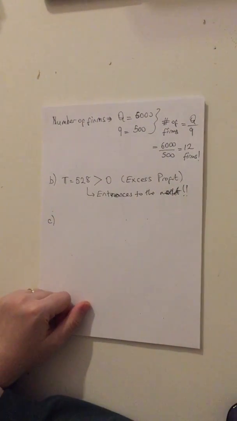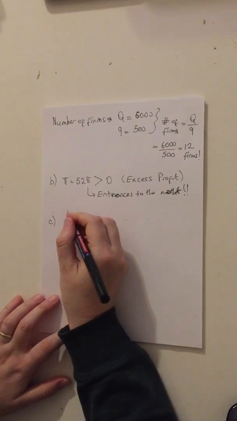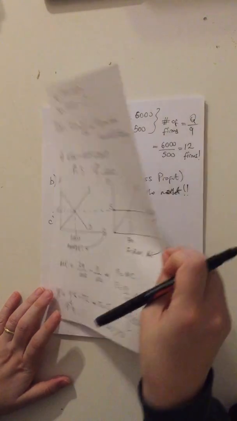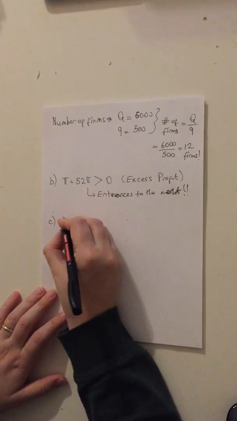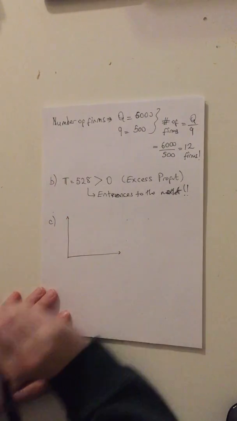whatever. Question C. What is the lowest price at which each firm would sell its output in the long run? Is profit positive, negative, or zero at this price? Explain. What is the lowest price at which each firm would sell its output in the long run? The long run output is determined, please remember, at the minimum of the average cost function.